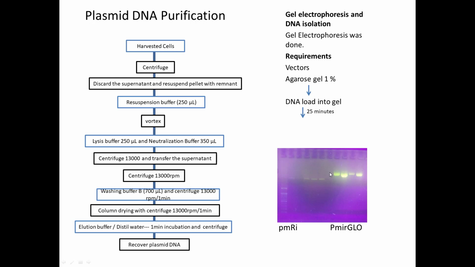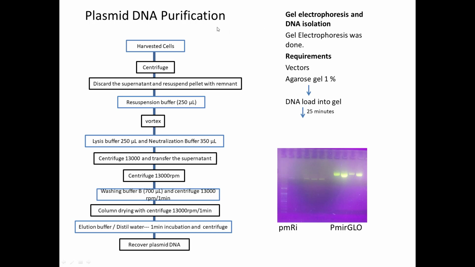Here we can see the gel electrophoresis result for the pMIR and pMIR-GLO vectors. For the harvested cells, I centrifuged and discarded the supernatant, and I used the resuspension solution, and after that I used the lysis buffer, and along with that I used the neutralization buffer, and I washed that solution with the washing buffer, and I made the solution of recovered plasmid in distilled water.